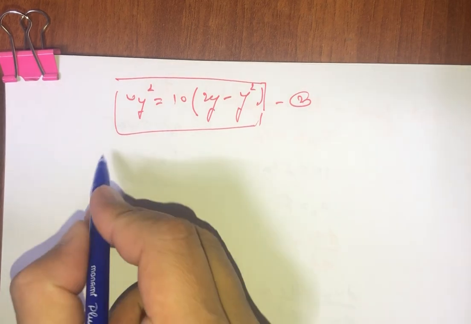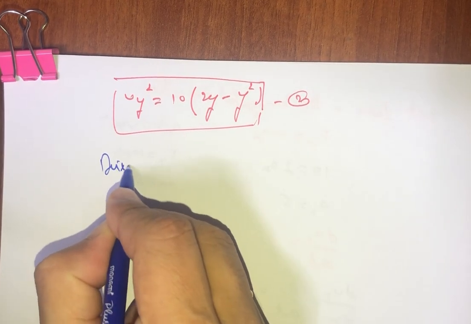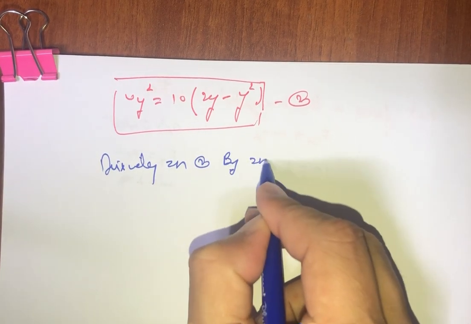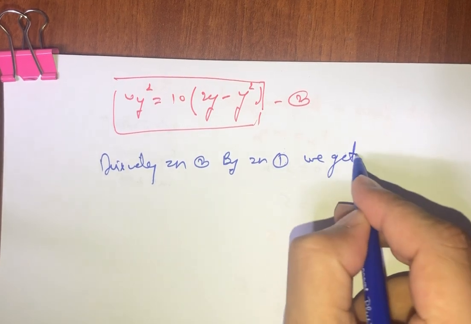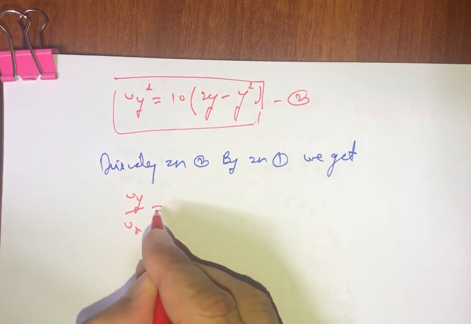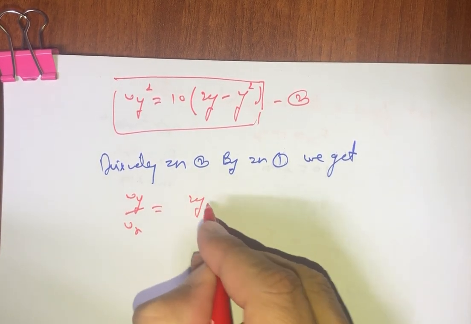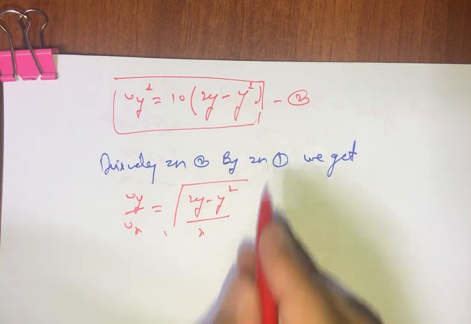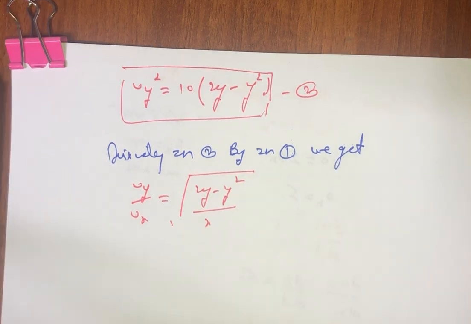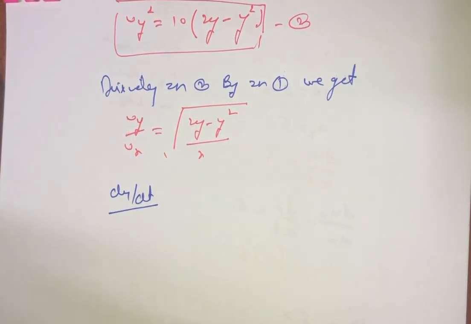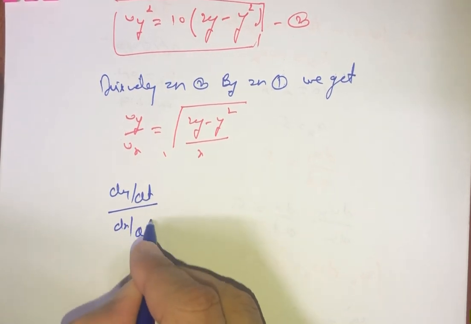Okay, so dividing equation 2 by equation 1, we get Vy upon Vx will be equal to the square root of 2y minus y square divided by x. Vy we can write as dy by dt, and Vx we can write as dx by dt.